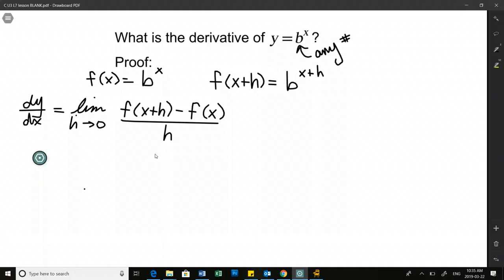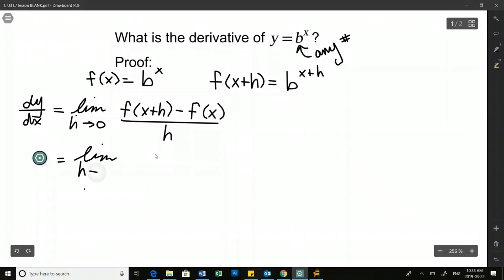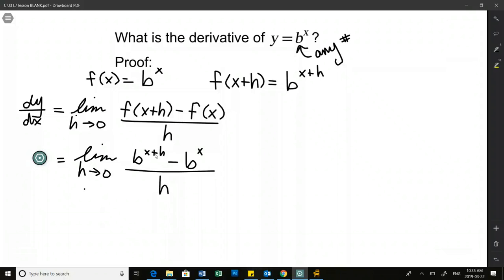Okay, so we're going to sub in what we know. F at x plus h is b to the exponent x plus h. F at x is b to the x. And then we have that over h.